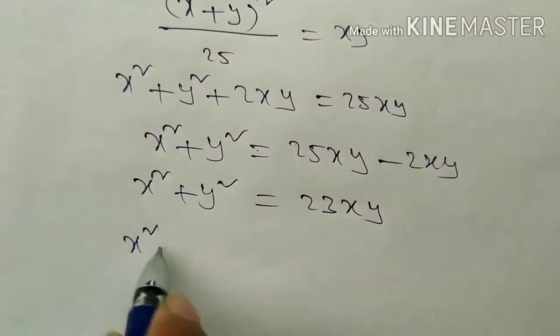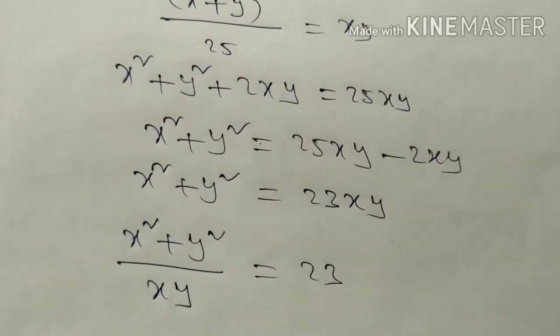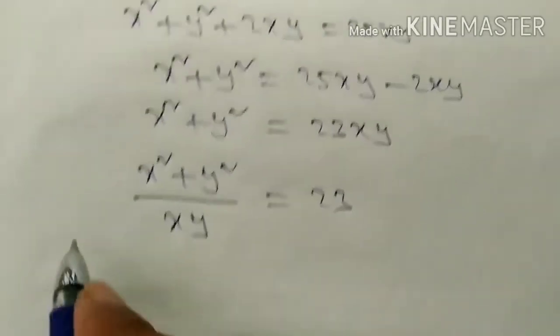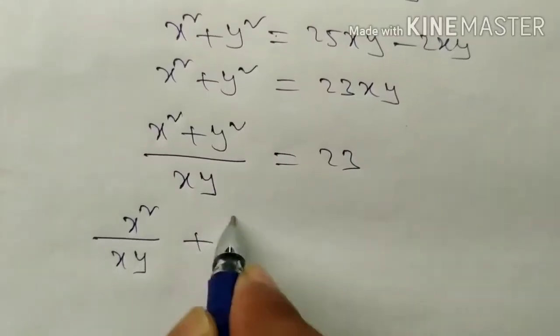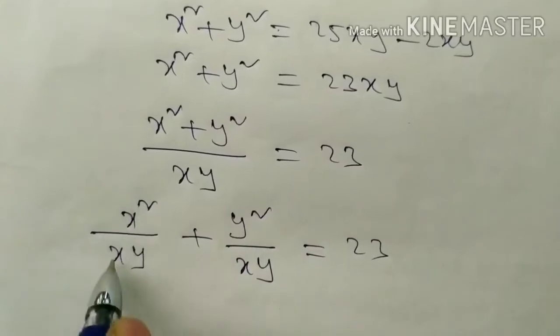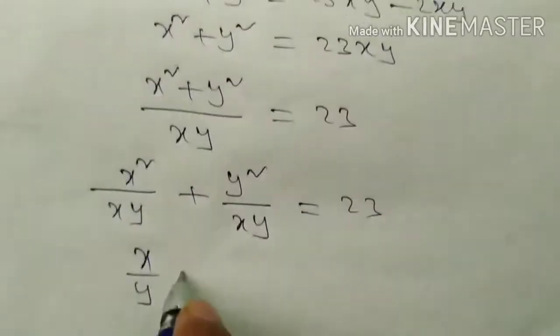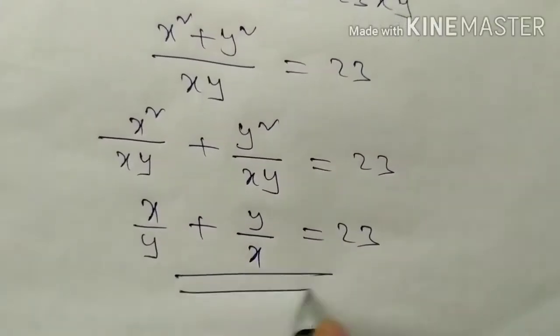Now (x square plus y square) by xy is equal to 23. Okay, now x square by xy plus y square by xy is equal to 23. One x cancels, x by y; one y cancels, y by x is equal to 23. This is the answer.